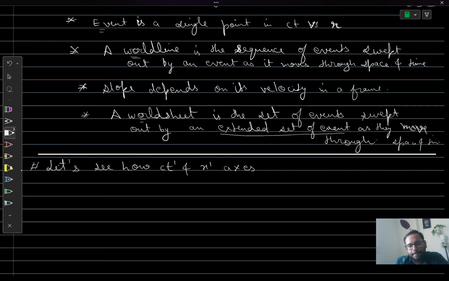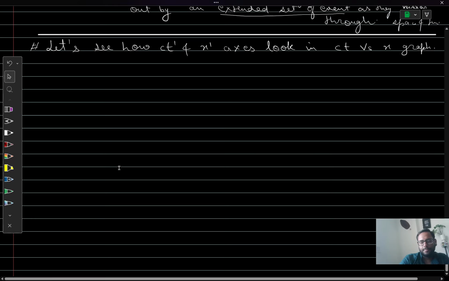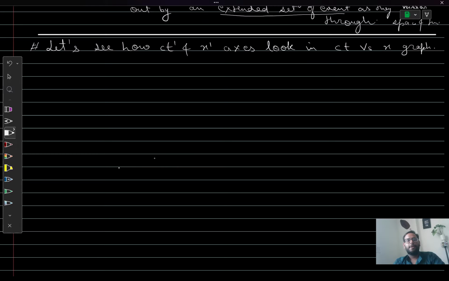Let's see how we can see the S prime frame in the S frame itself.